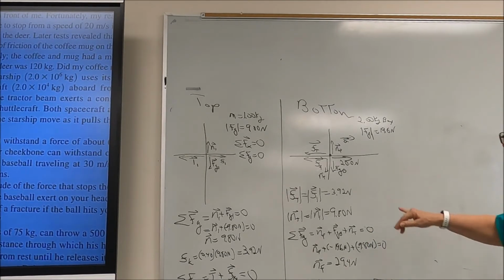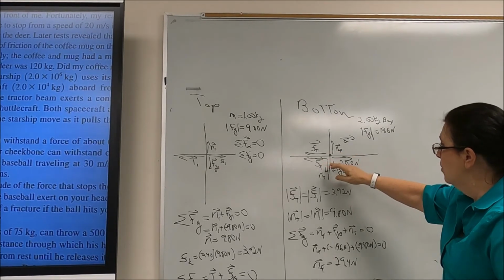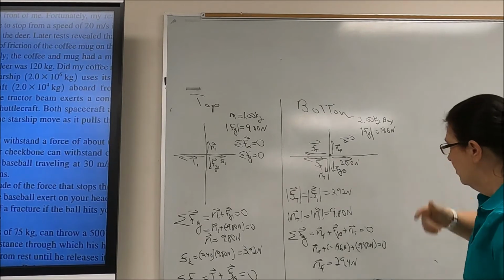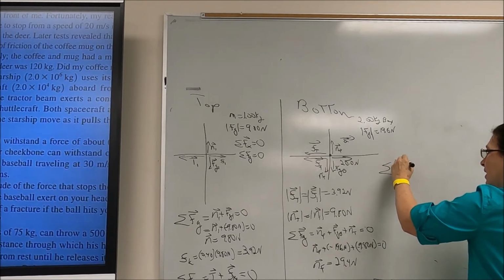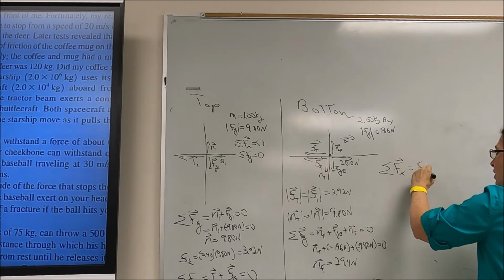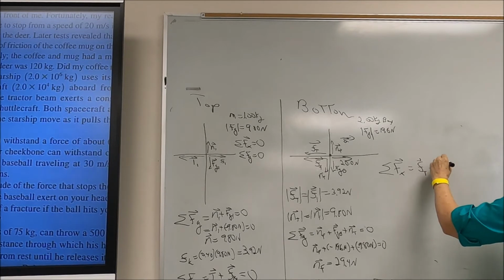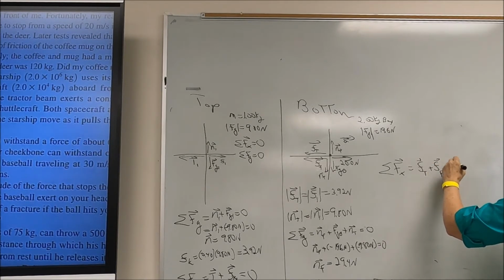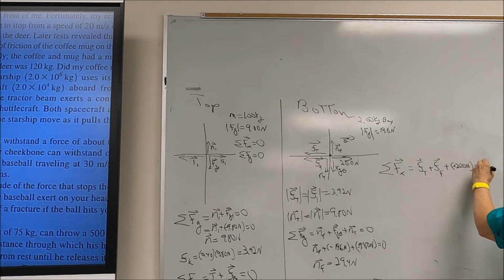Now, I have this force, I have the 2 frictional forces, I've got all the forces in my x direction. So the sum of the forces in the x direction would be the frictional force from the top plus the frictional force from the floor plus the plus 20 newtons, and that has to equal the mass for this bottom block times the acceleration.